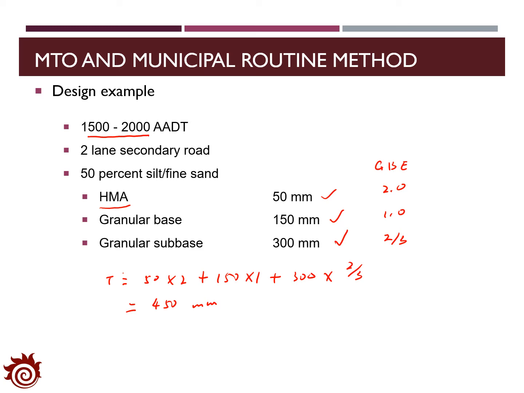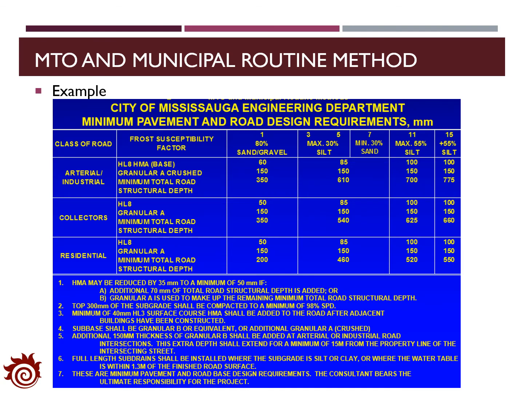Well, most of the values come from the field experiment and observations. The table here shows the example about the road pavement design in the city of Mississauga. Basically, this design will consider the class of the road and the frost susceptibility factor.